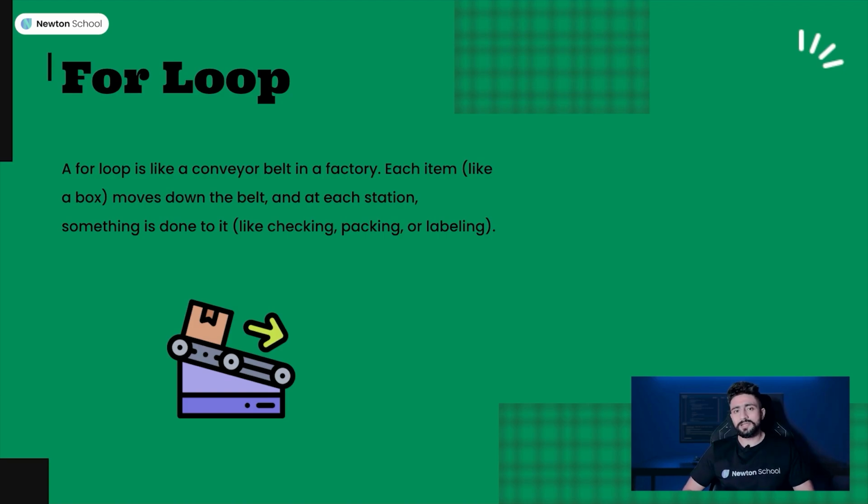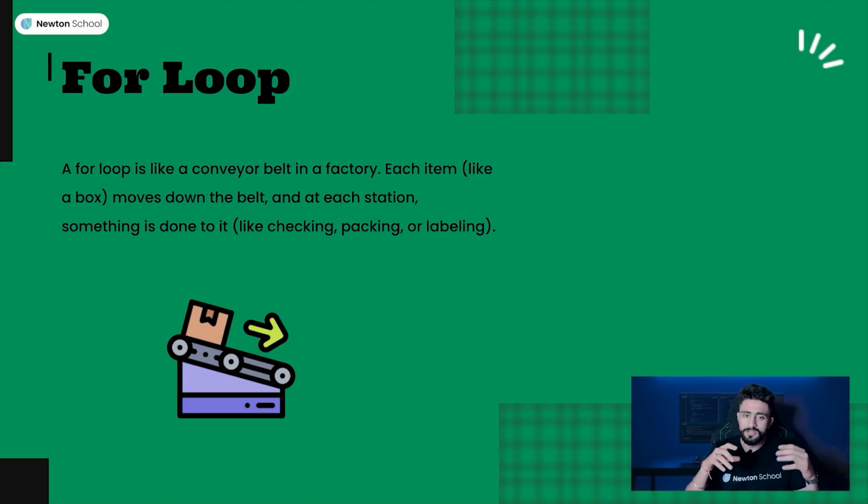So there are basically two different loops. One is the for loop and one is the while loop. The for loop is like a conveyor belt in a factory. You have seen a belt in a factory, right? That conveyor belt will have different items, and each item moves down the belt, and at each station something is done. The belt carries something, it reaches a station, something is done, and then it reaches another station.